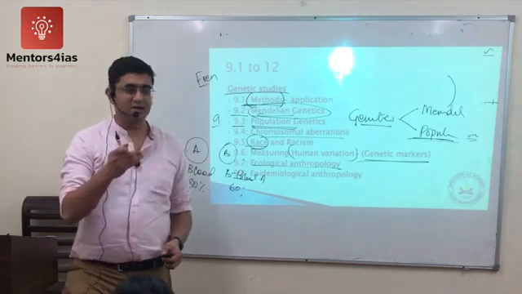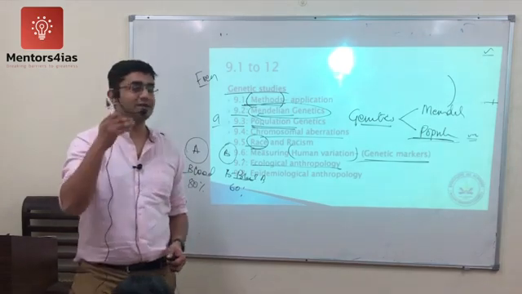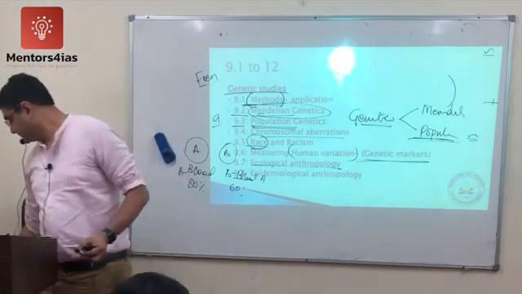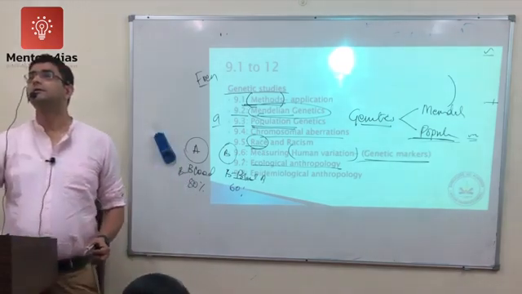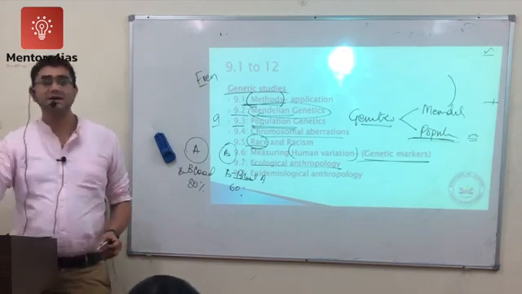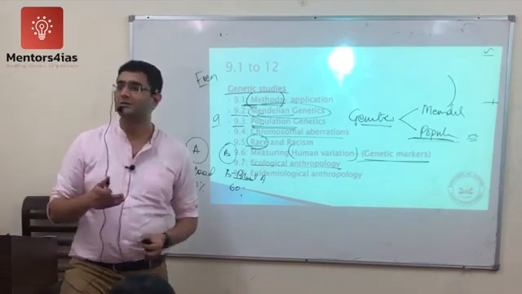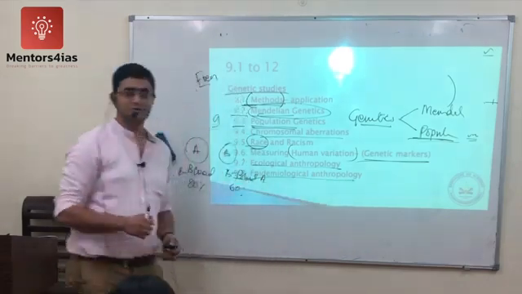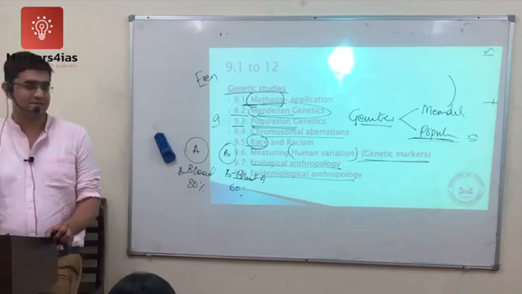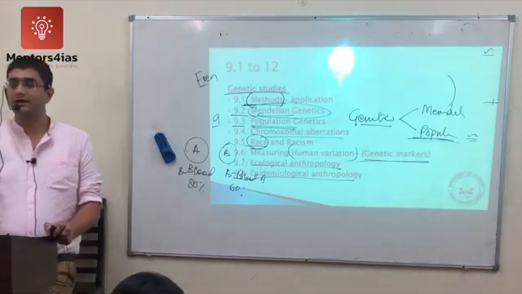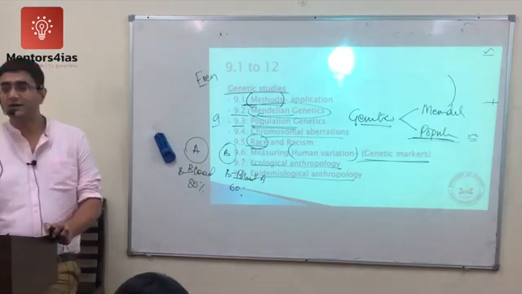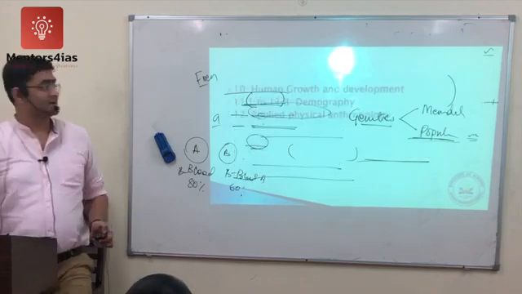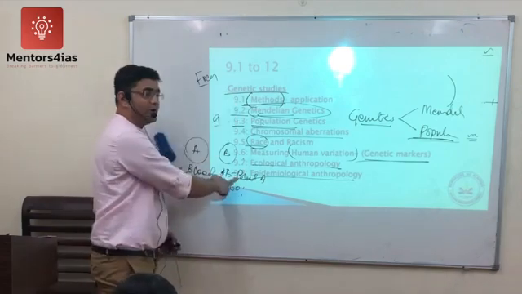As I told you, it is a study of the interaction of humans with their environment, how environment is shaping human population, human variation. Then you have epidemiological anthropology, where you try to study the diseases and how humans have different ability to resist these diseases. That is about 9.1 to 9.8.